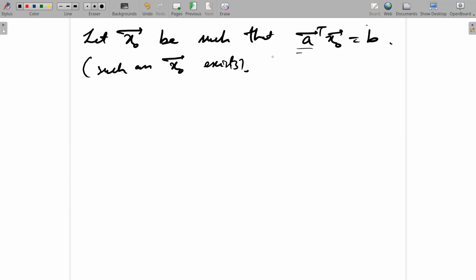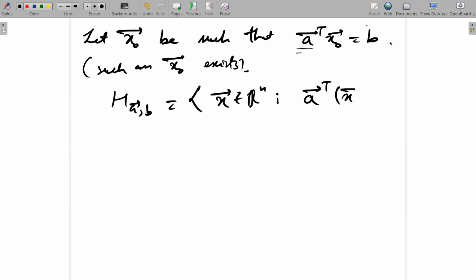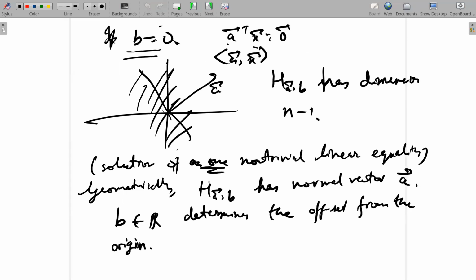All right. So such an x naught always exists, and then H_{A,B} is nothing but x belongs to R^n such that A transpose (x minus x naught) is 0, remembering that A transpose x naught is B. So once I translate this x, it is going to be orthogonal to A. That is precisely why H_{A,B} has normal vector A and B determines the offset.